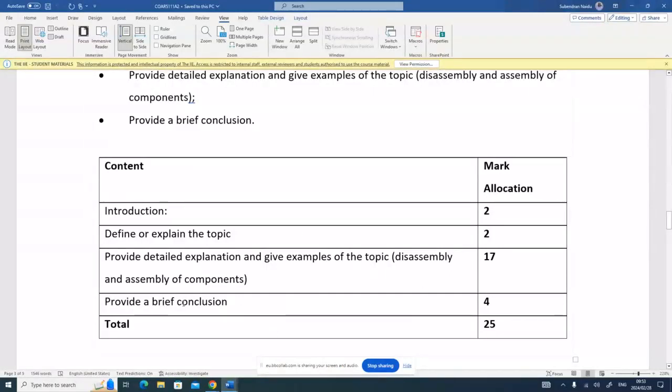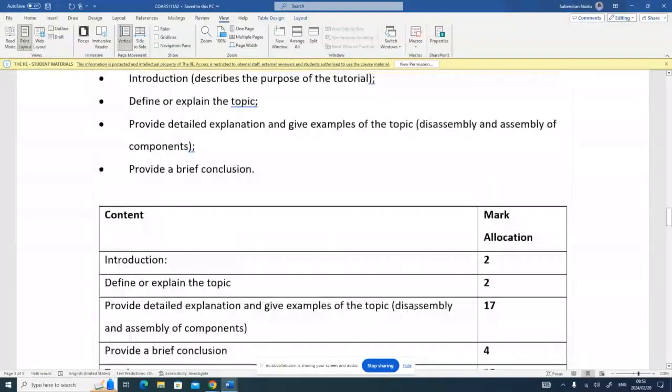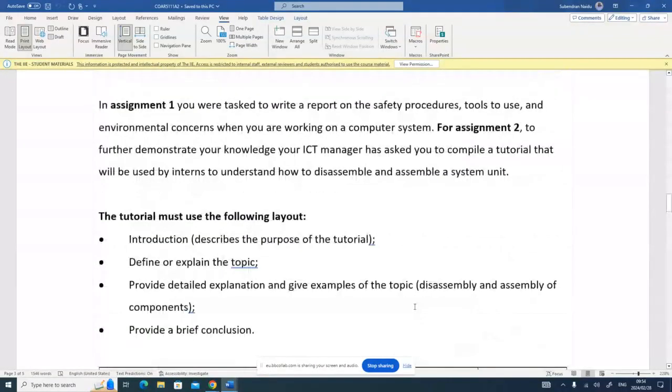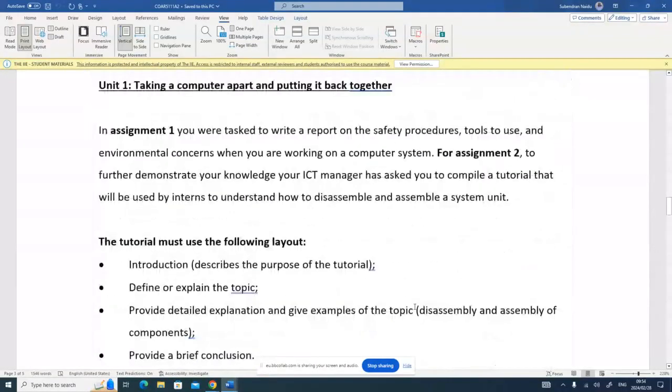And then you conclude by talking about what this tutorial has demonstrated or helped you to accomplish. So what is question one? It's a tutorial. What does the tutorial tell me how to do? How to assemble and disassemble a computer. So it's a written tutorial that's meant for which audience? For any person that is new, that's an intern.